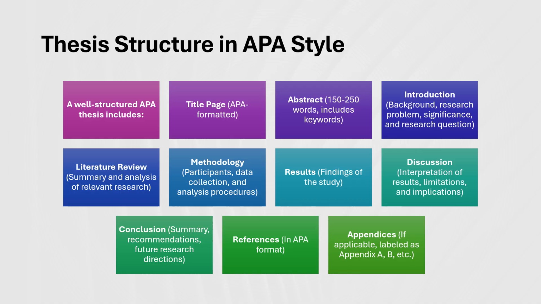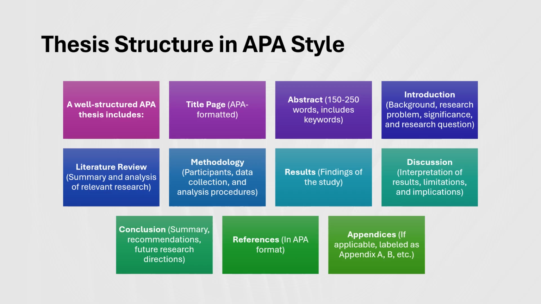So this is a standard structure for a thesis written in APA format. No surprises here, something we've talked about for a while. Each section again has a specific purpose. Reference last week's chart if you're not clear about what that is. The abstract summarizes the study, while the introduction presents the research problem and significance.